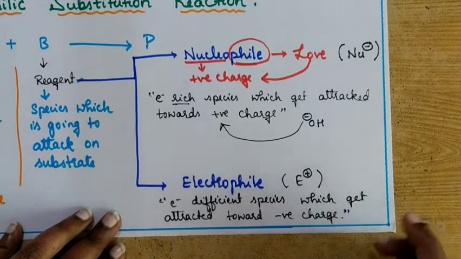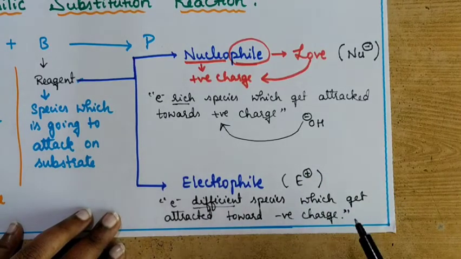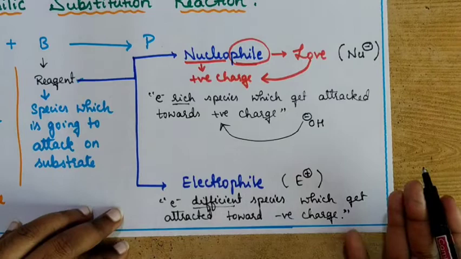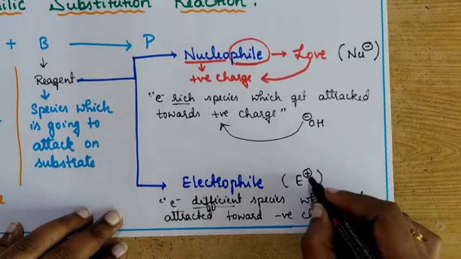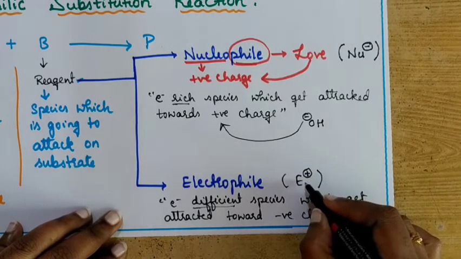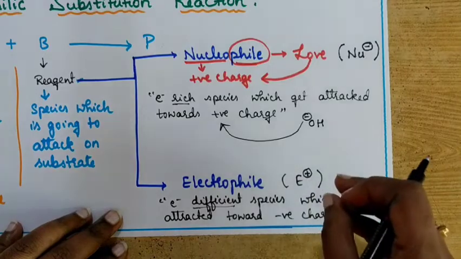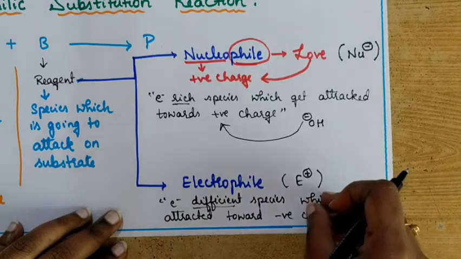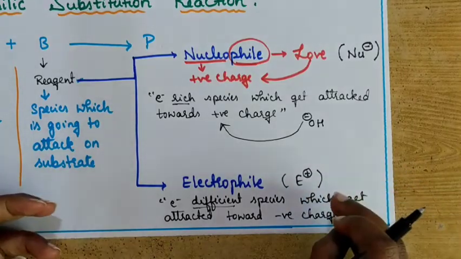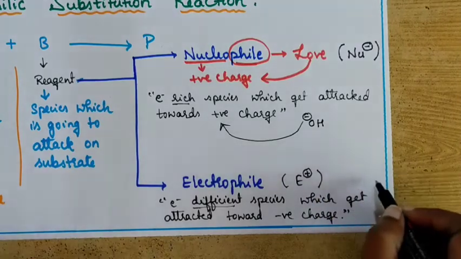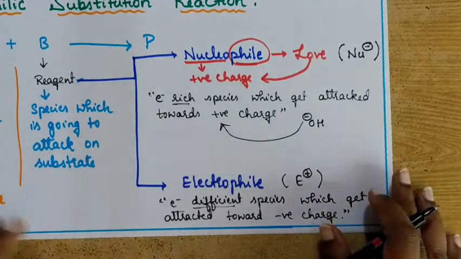Electrophiles are nothing but the electron deficient species which will get attracted towards negative charge. That is why we are representing electrophile by the symbol E plus. That means the particular species is going to be positively charged, which is electron deficient, and it will get attracted towards the negatively charged species.